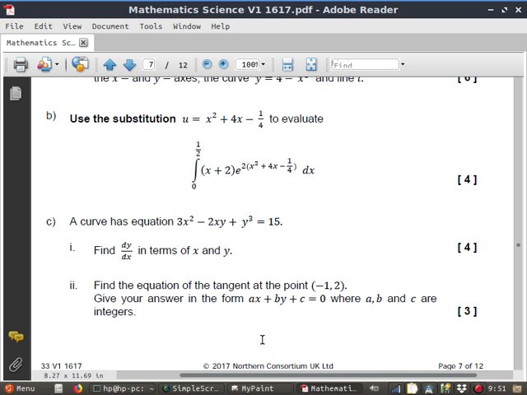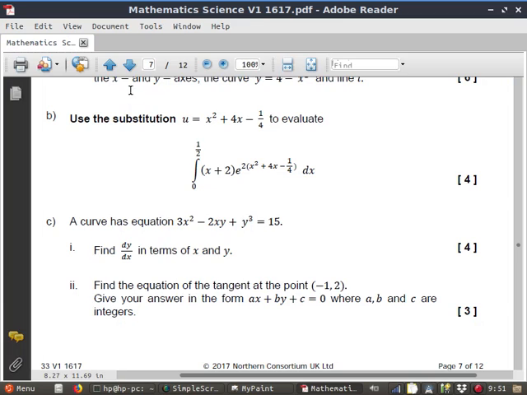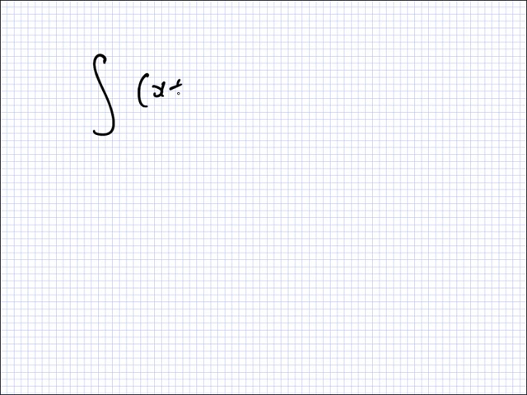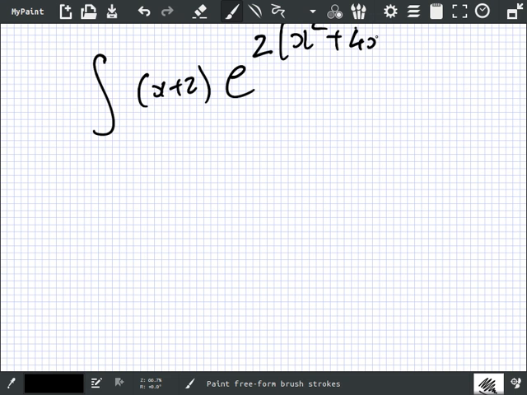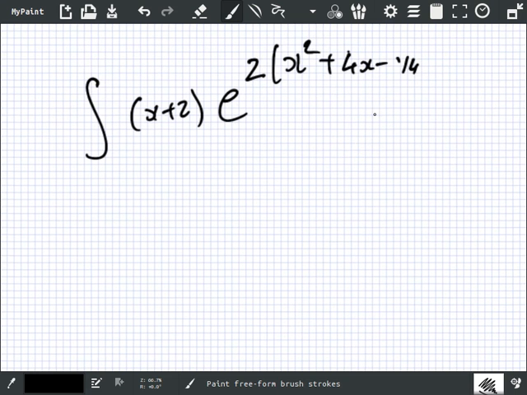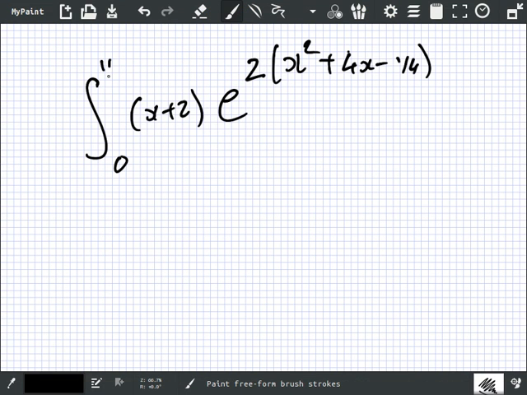Use that substitution to calculate that. Integrate x plus 2, e to the power 2, x squared plus 4x minus a quarter, from 0 to a half, dx.